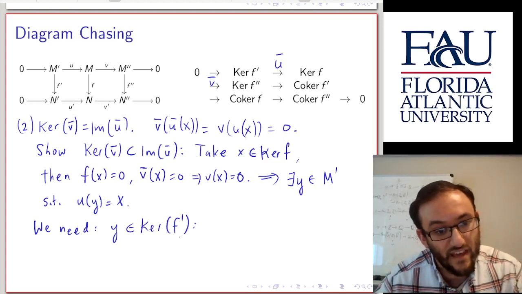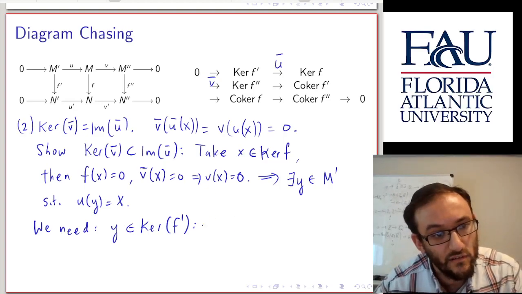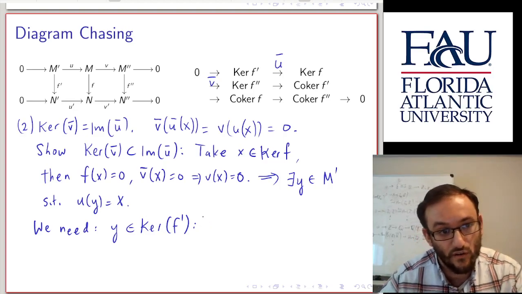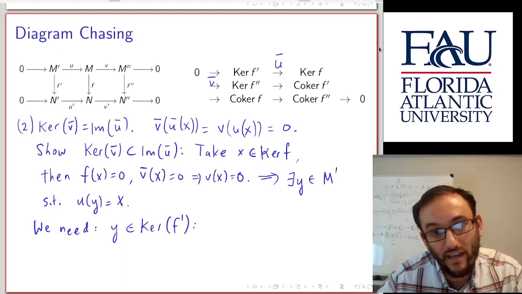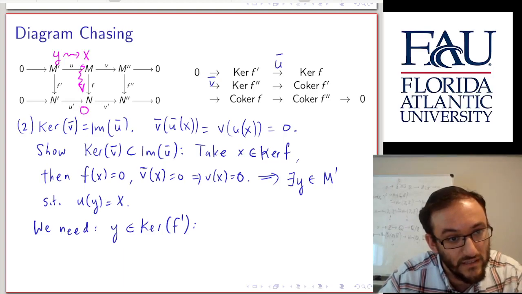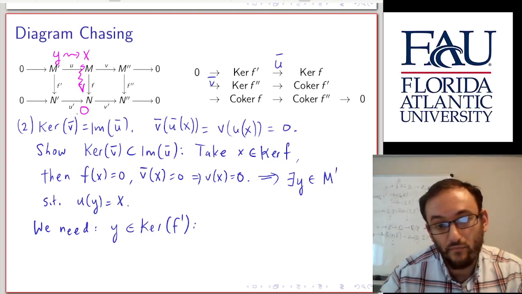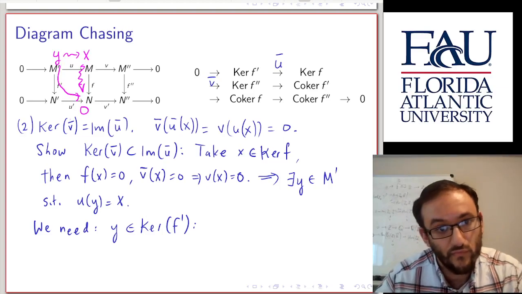And in order to prove that, we'll use the commutativity of this diagram. So we have that u of y equals x, which is in the kernel of f, right? So if we put y here, it would go to x over here. We know that's in the kernel of f, so it goes to 0 over here. So by commutativity, that means that if we go this route, it should also go to 0.